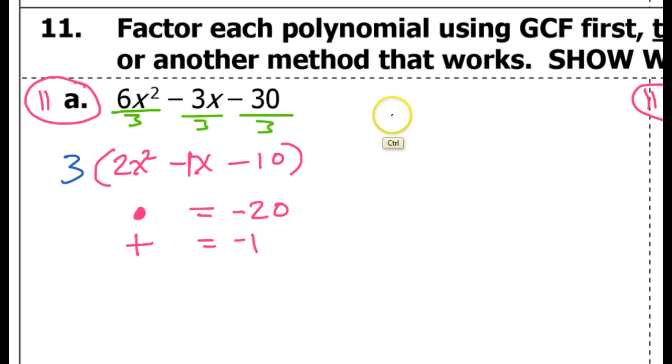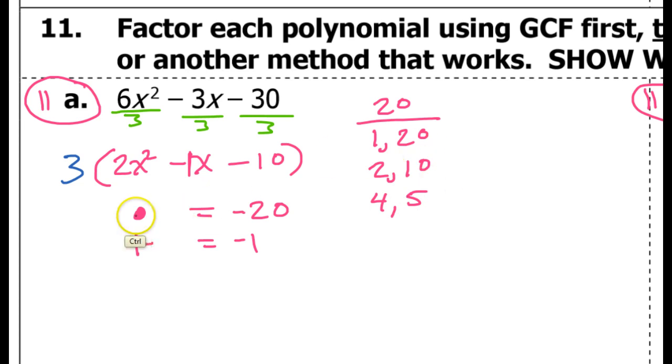Okay, let's start with the product. 20. Okay, what multiplies to make 20? Well, 1 and 20, or 2 and 10, or 4 and 5. Alright, that's it. These are all of the ways to make 20 using multiplication. Now, switch your brain to addition.